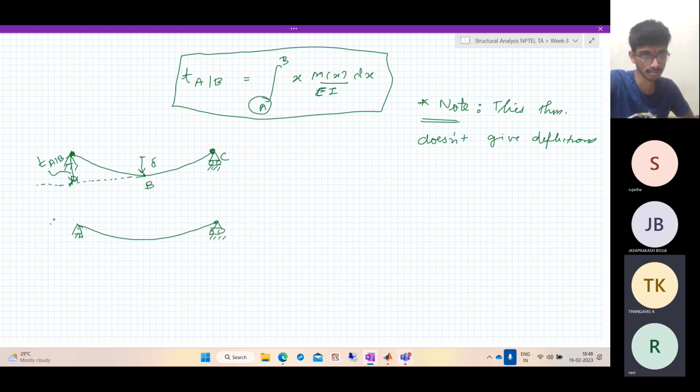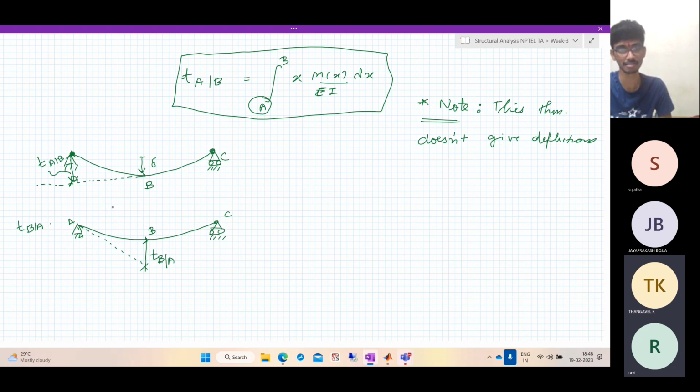You draw a tangent at A. This is the point A, this is the point B, and this is the point C. With respect to the tangent drawn at A, what is the vertical displacement of the point B? So this is T of B with respect to A. So you should be very careful. T of A with respect to B and B with respect to A are not the same, and they don't directly give the deflection in any case.